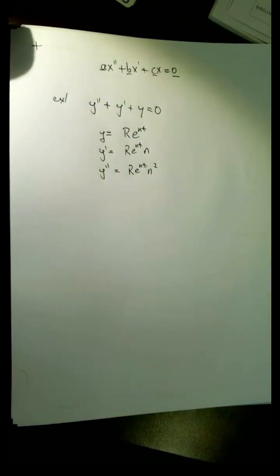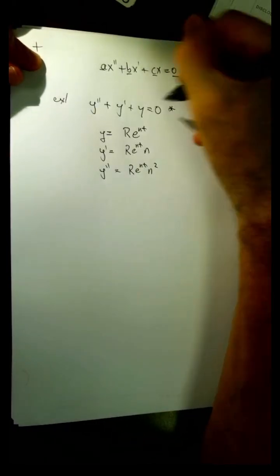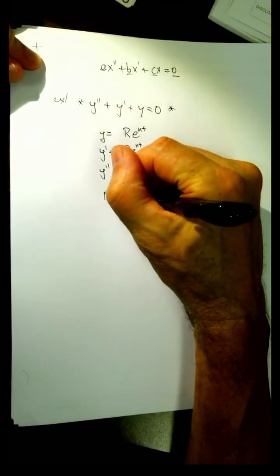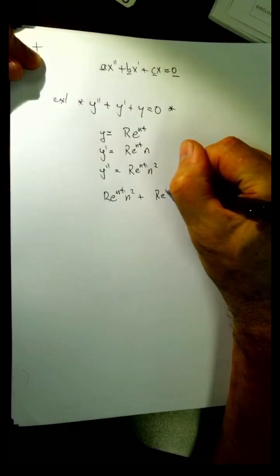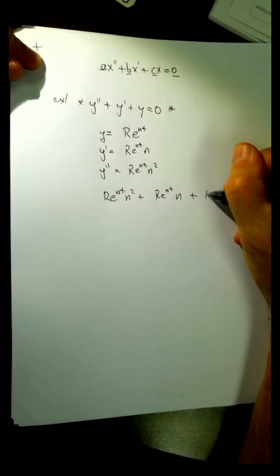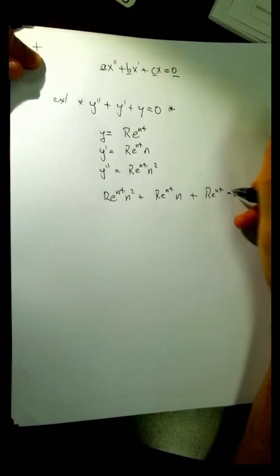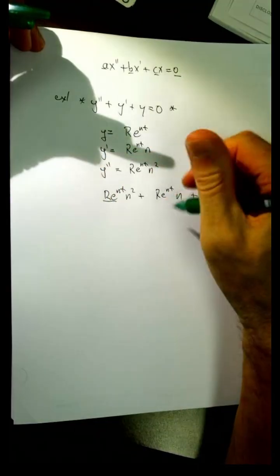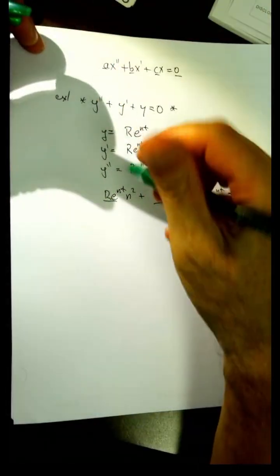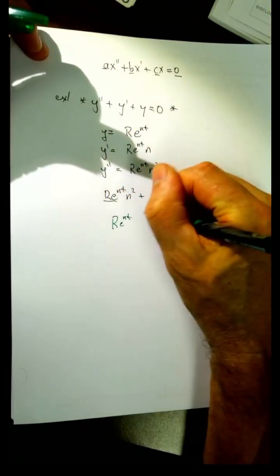Plug the derivatives into the original equation. So y double prime plus y prime plus y is 0. And we notice that every term has e to the rt, so I can factor that out.